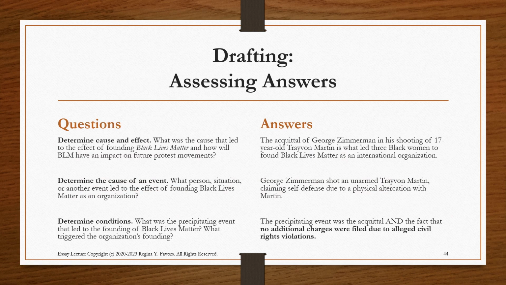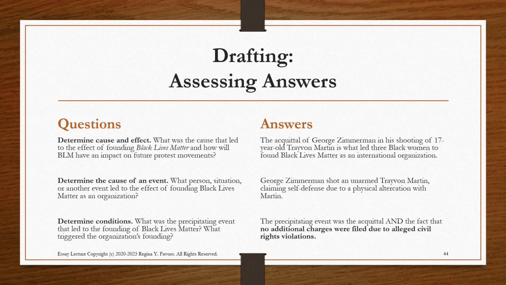So if we look at the same questions again, the answers would be the acquittal of George Zimmerman in his shooting of 17-year-old Trayvon Martin is what led three black women to found Black Lives Matter as an international organization. That's your cause and effect. One thing happened and then another. Cause of an event. George Zimmerman shot an unarmed Trayvon Martin, claiming self-defense due to a physical altercation with Martin. Okay, and then conditions.